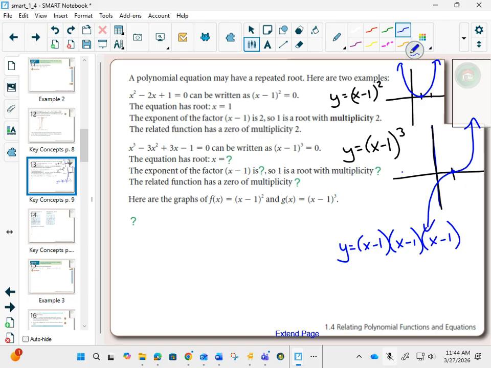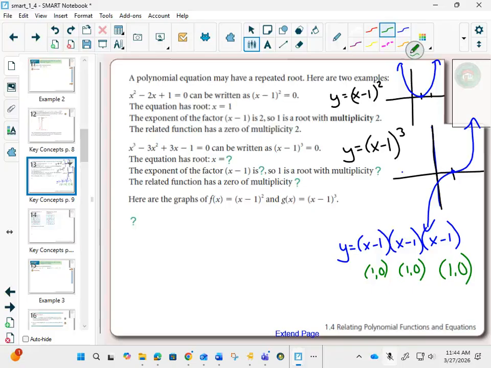And if I was solving for x-intercepts, well, this one would tell me an x-intercept of (1, 0). And this one would tell me an x-intercept of (1, 0) again. And this one would tell me an x-intercept of (1, 0) a third time. So it actually is important how many times an x-intercept occurs.